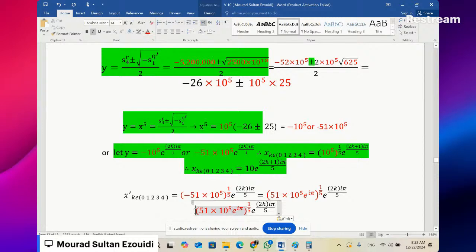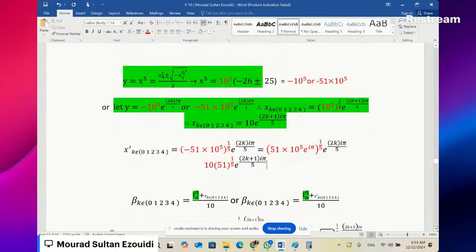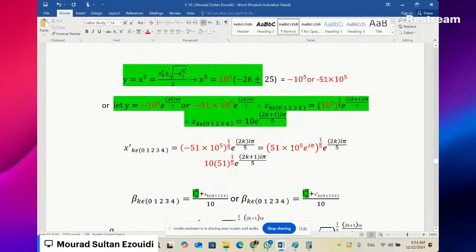I will write it here, 10. This one I'm now going to place 51 exponential I5 divided by 5, I will add here just plus 1. Plus 1. Then I'm going to fix this one. So now I got my xx. The first term is that.